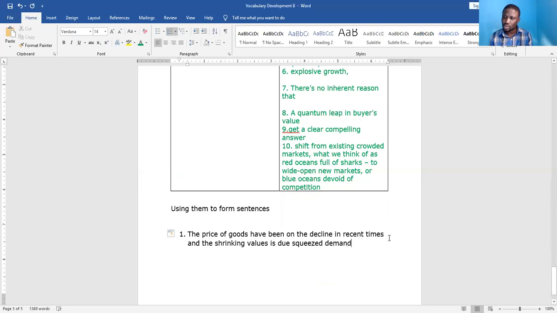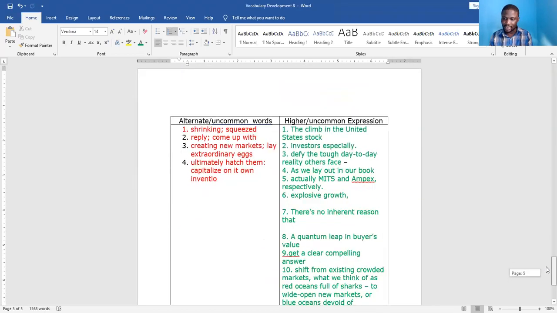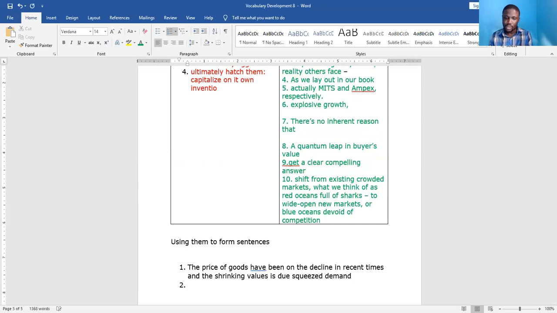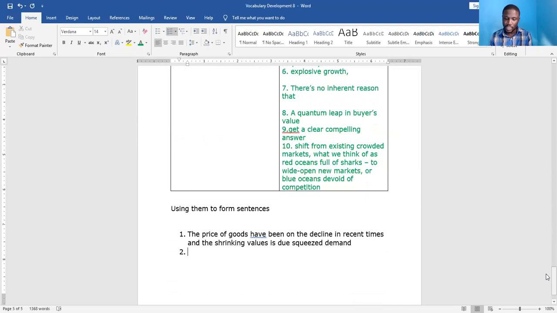Okay, does squeeze appropriately replace it here? I think so. Squeezed demand, declining demand.